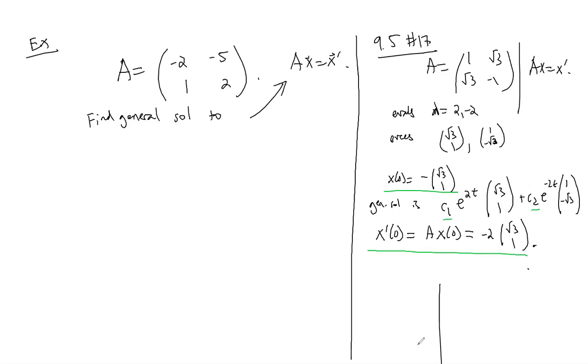Other than that, I would just start trying to draw some things. At 0, you have negative root 3 over 1, or sorry, something like this. And then its derivative is kind of going, derivative is negative.